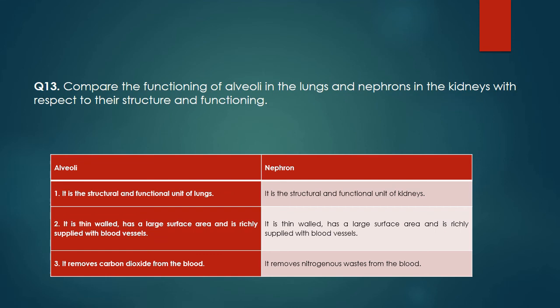Third, alveoli remove CO2 from the blood, whereas nephron removes nitrogenous waste from the blood. So to some extent, alveoli are also doing the excretory action. So that's question 13, the last question from your NCERT exercise.